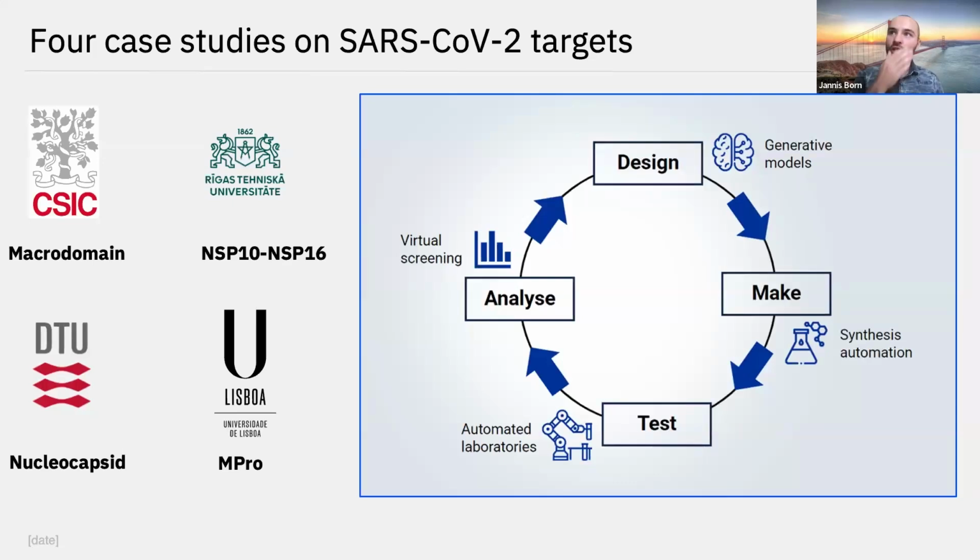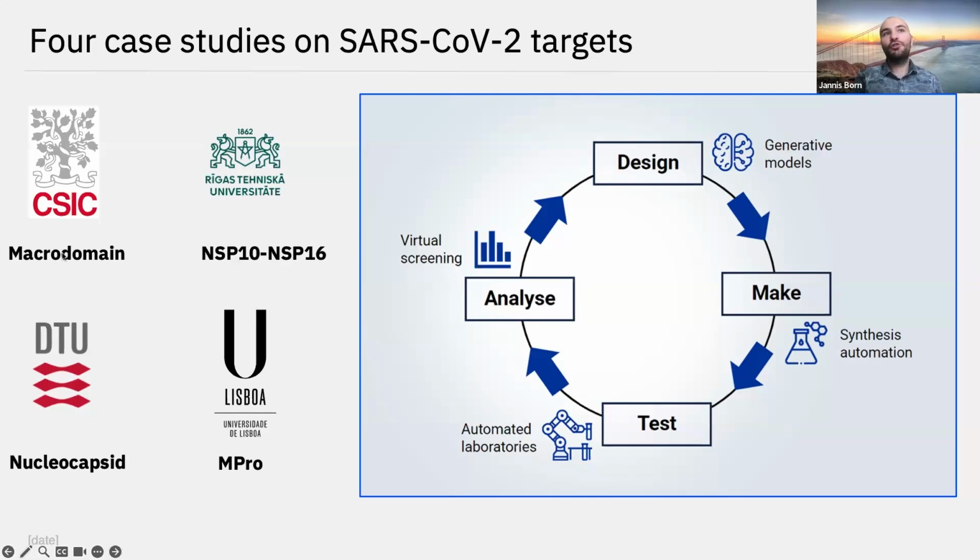And now I want to make a bit of a switch and talk briefly about four case studies that we are running in the context of the Fragment-Screen Consortium, which are in collaboration with four medicinal chemistry groups in Copenhagen, Madrid, Lisbon, and Riga.